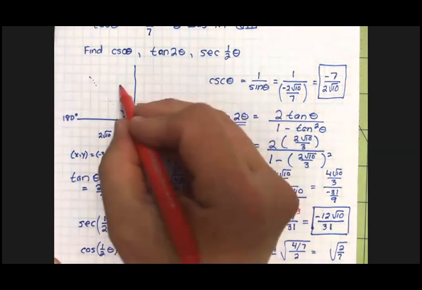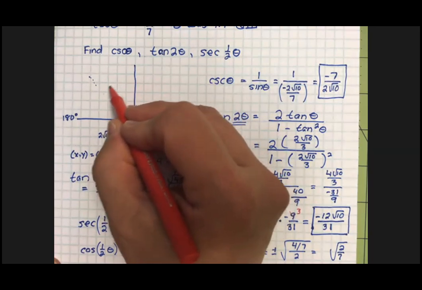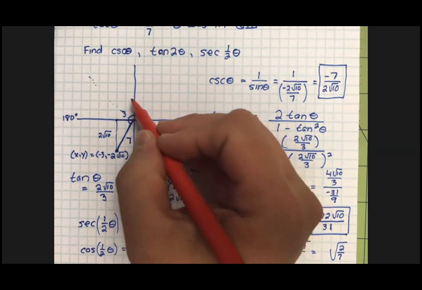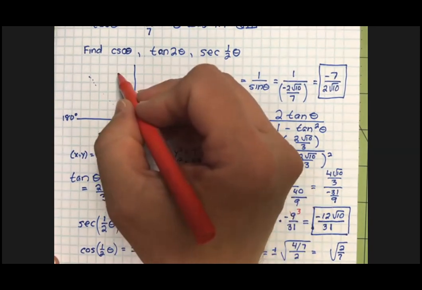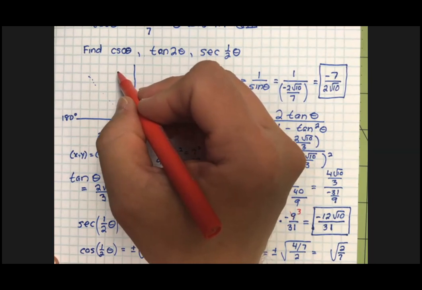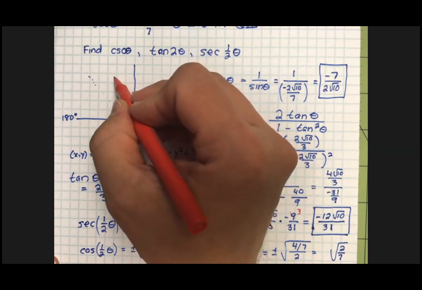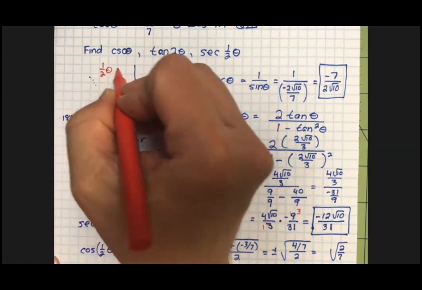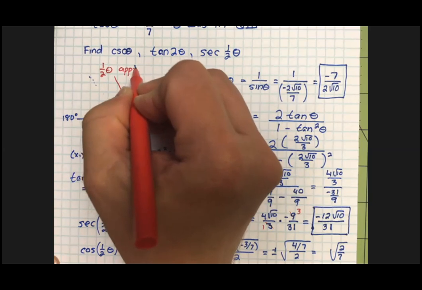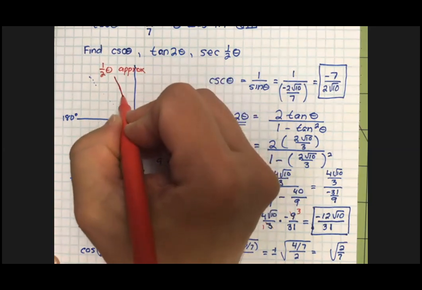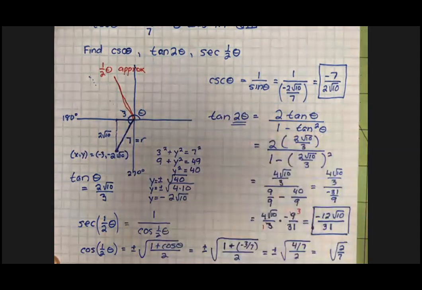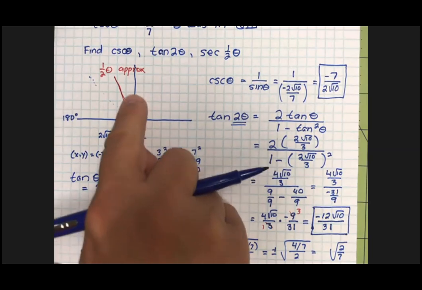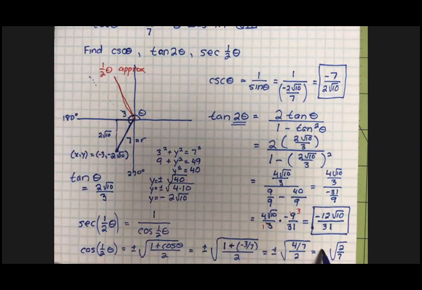So 1/2 theta must be somewhere between 90 and 135. Now, I don't know exactly where. I could ask the calculator to invert one of these values, but let's just say it's about here. Approximately. So you decide the cosine of an angle in the second quadrant. What is that? It is negative.